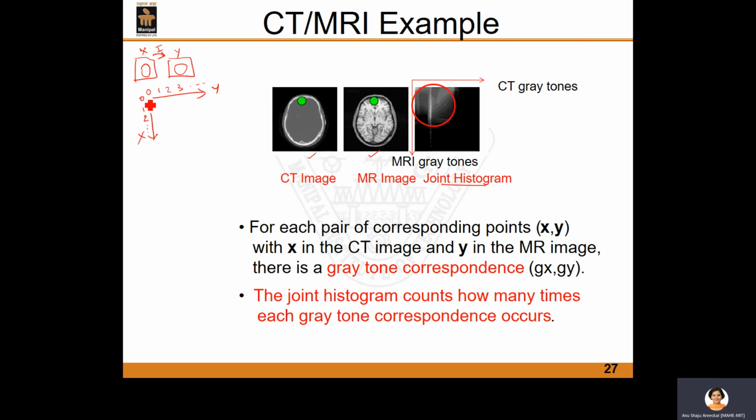Now for each of these pixel pairs, I try to find out how many times the pixel intensities occur together. If I take this first element, it will show me how many times 0 and 0 have occurred together in X and Y. So I do a pixel to pixel comparison, look at the pixel intensity values, and see how many times they have co-occurred.